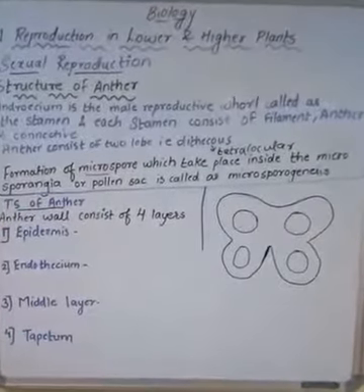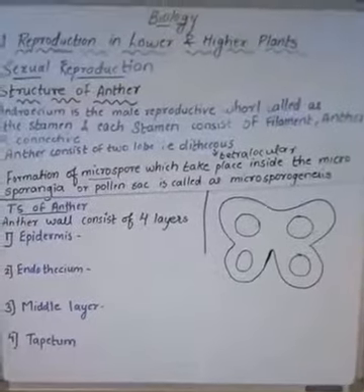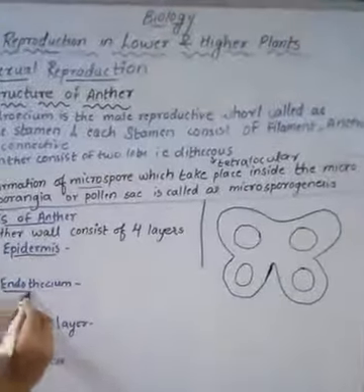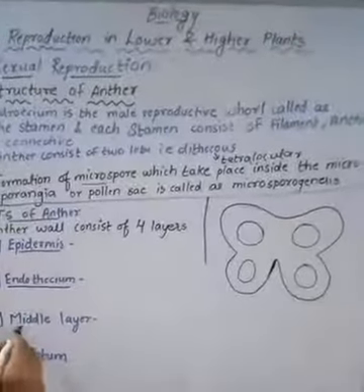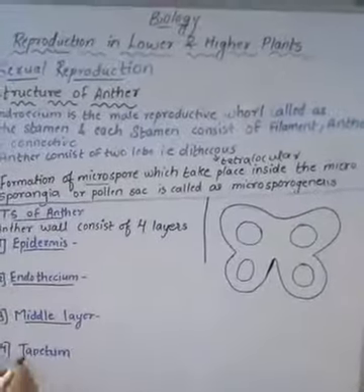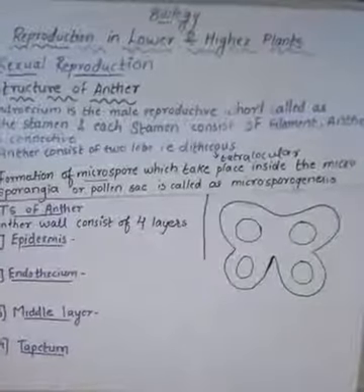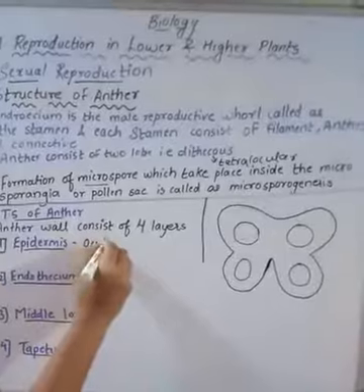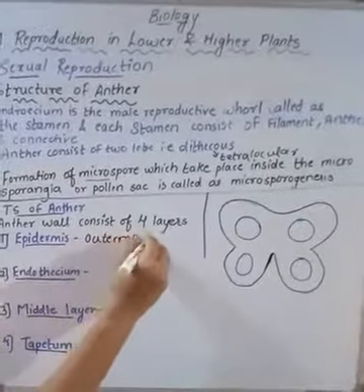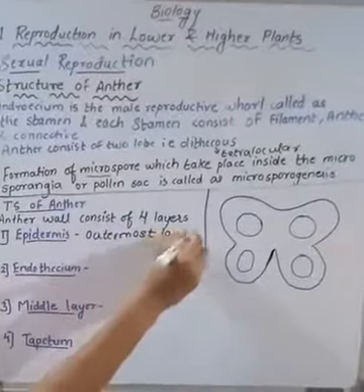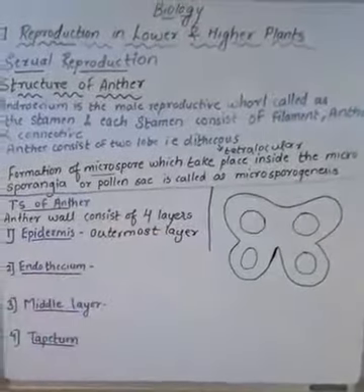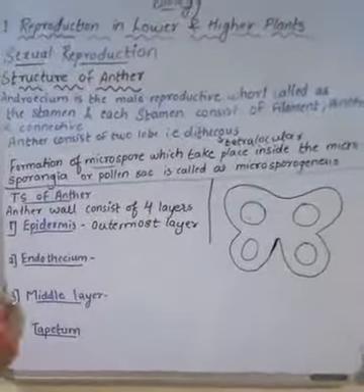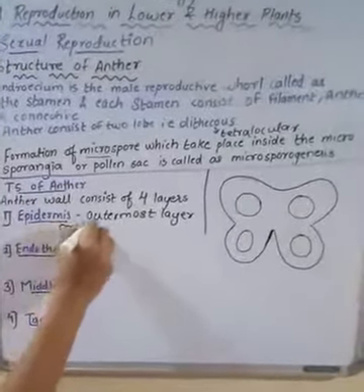The anther wall consists of four layers. The first is the epidermis, the second is the endothecium, the third is the middle layer, and the fourth is called the tapetum. The epidermis is the outermost layer, and it does the work of protection.